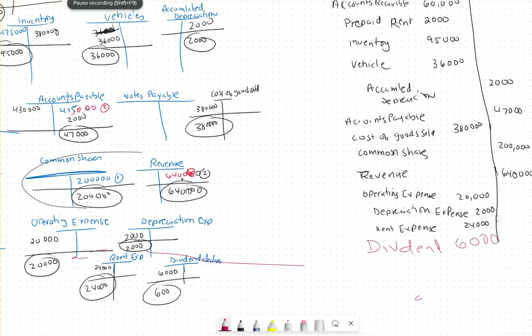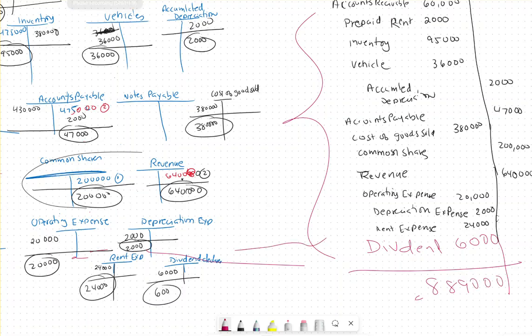Then you add up your debit side, and the balance of your debit side will be 889,000. Then you put the same balance on the other side, so your debits and credits are equal.